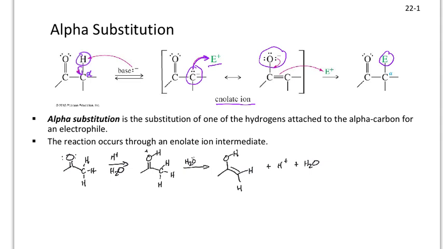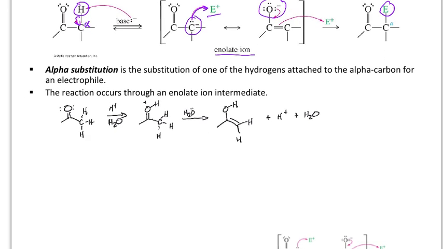You should also note that this reaction can occur in acid. So in the case of an acid, we'll protonate our carbonyl, and then water is able to remove a neighboring alpha proton from the alpha carbon. Those electrons swing in, pushing them out onto the oxygen, and we'll get our enol.